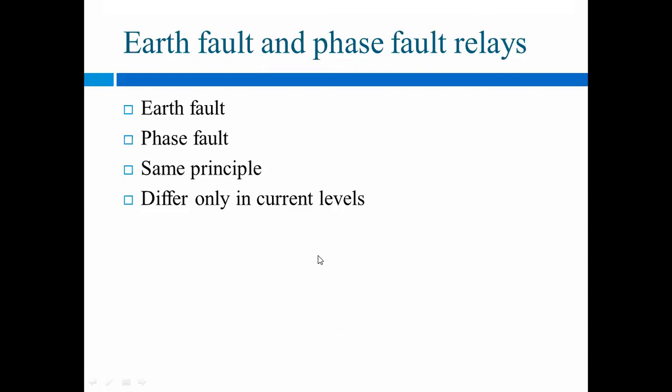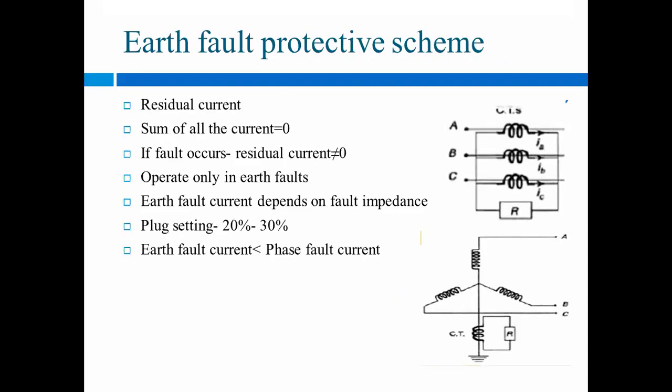Then the next point is the earth fault and phase fault relay. We'll see these relays one by one. Earth fault means faults like line to ground or double line to ground faults.